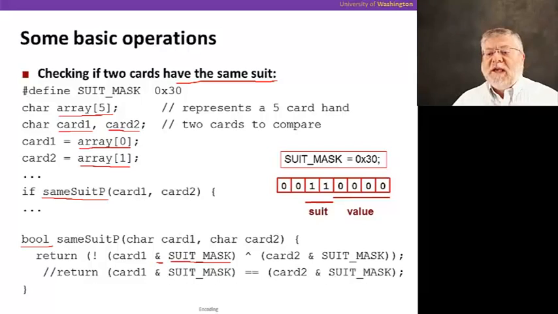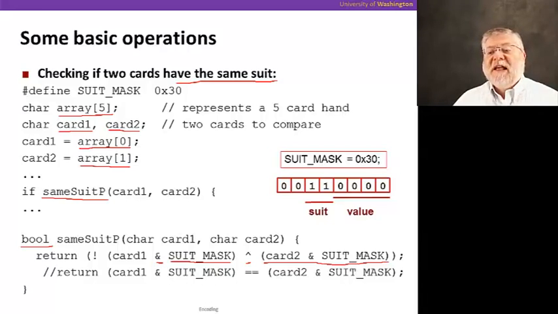Okay, so then we can do an exclusive OR with the suit of the other card. Why do we do an exclusive OR? Well, remember, an exclusive OR says either one is true or the other is true, but not both. So we would only get a perfect 0 result if these 2 suits matched exactly.